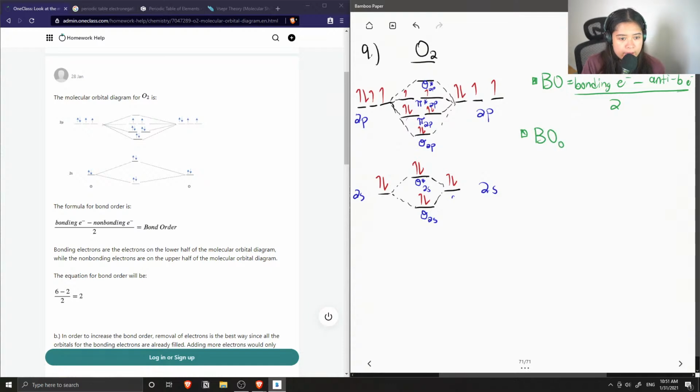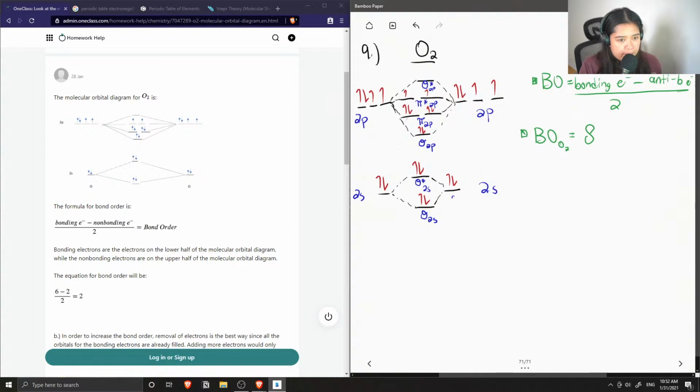So if we calculate the bond order of a neutral diatomic oxygen, all of our bonding electrons are in just the sigma or the pi orbitals, so we just count that out. 1, 2, 3, 4, 5, 6, oh sorry, 1, 2, 3, 4, 5, 6, 7, 8.